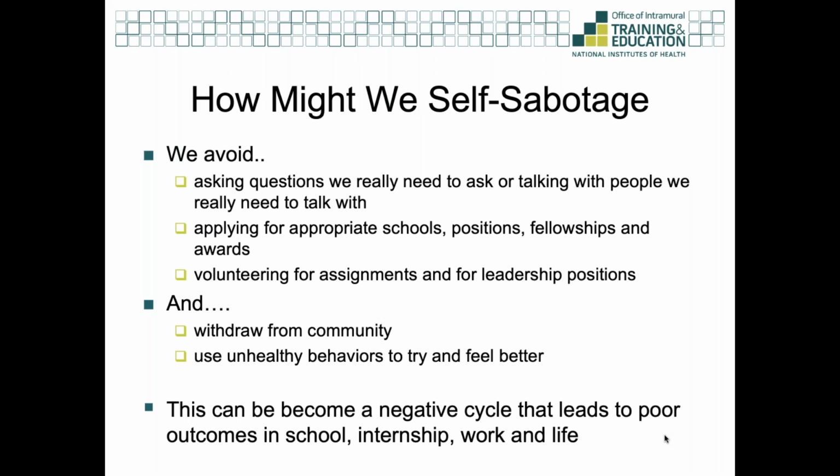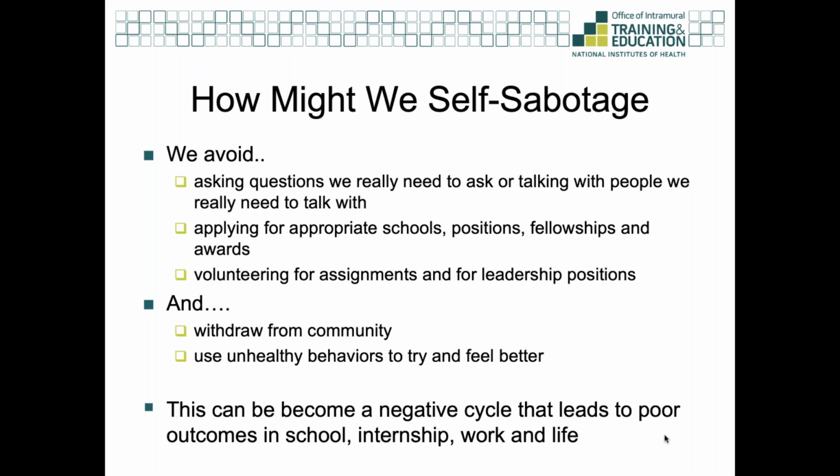So if you avoid asking questions when you really need to ask something, or you avoid talking with people who could help that you really need to talk to, or you avoid applying to schools, positions, fellowships, and awards, you avoid volunteering for assignments, you avoid volunteering for leadership positions, that's the result of self-sabotage, right?